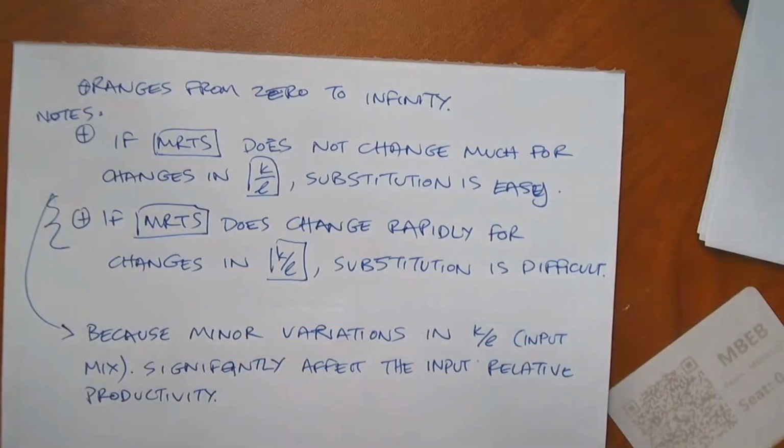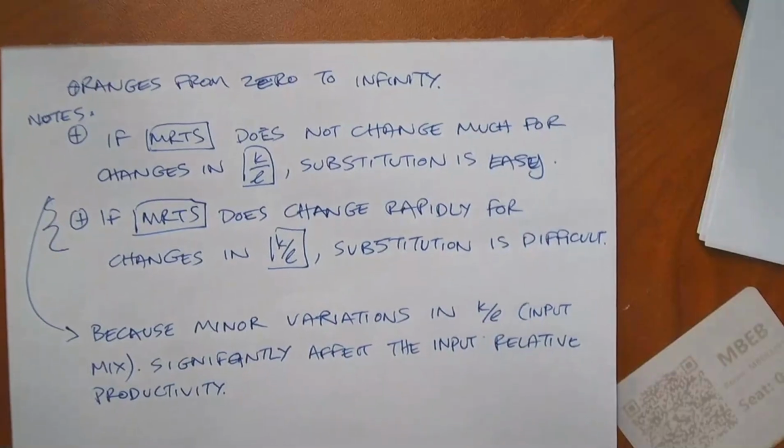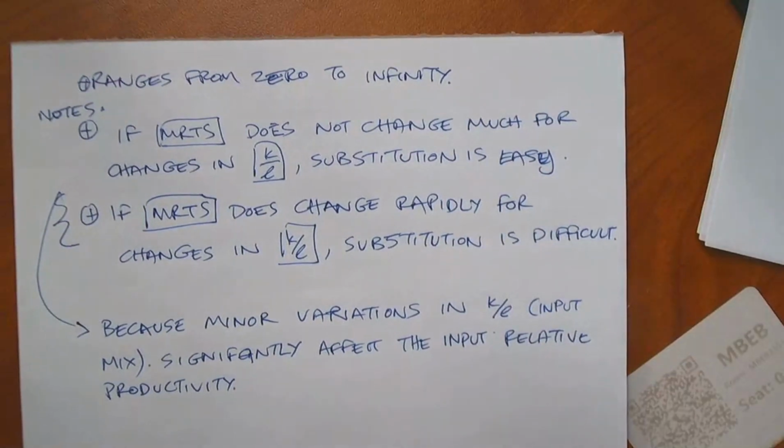So the easiest way to conceptualize this, and we're going to draw the diagram too, but without drawing the diagram, is the following. You have small variations in your capital to labor ratio. That means you're changing the mix a little bit, right? You make small adjustments, either you hire a little bit of labor or you drop your capital intensiveness by a little bit.